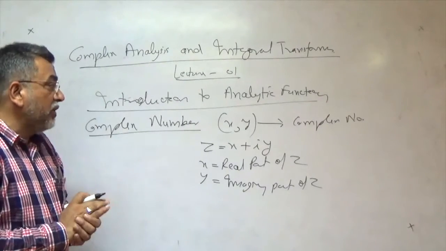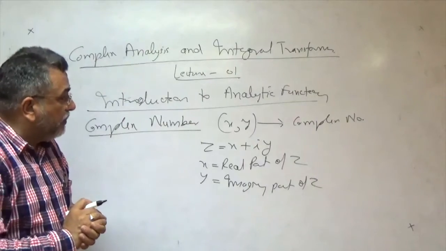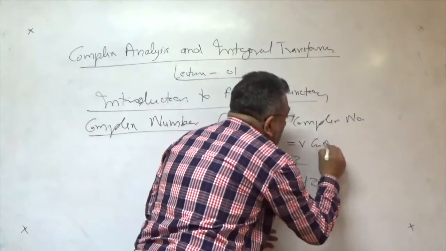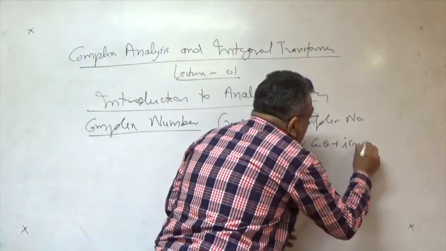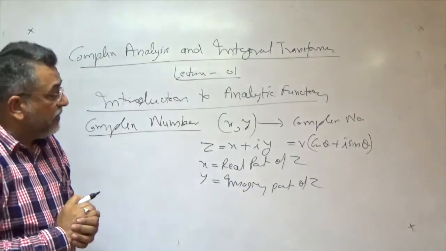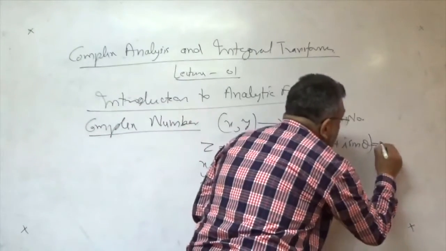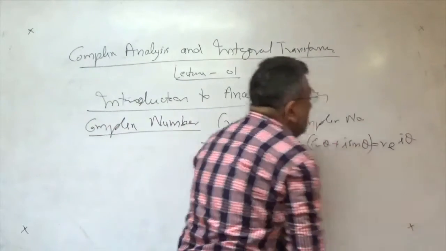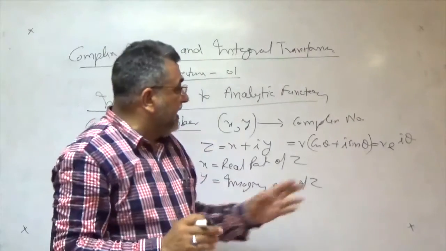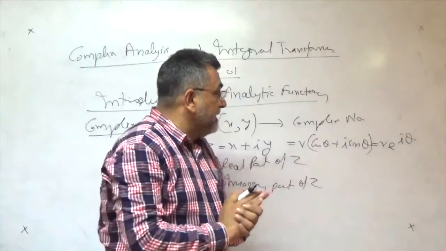It can also be represented in the polar form by putting x equal to r cos theta and y equal to r sin theta. So this is r times cos theta plus i sin theta. It can also be represented as r e to power i theta, because you know that by Euler's formula e to power i theta equals cos theta plus i sin theta.